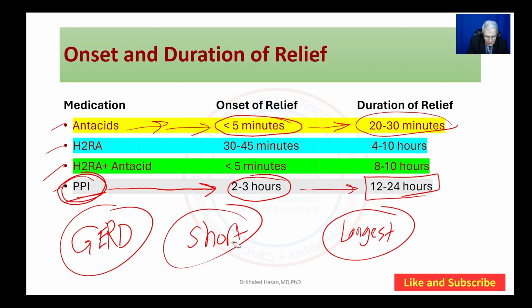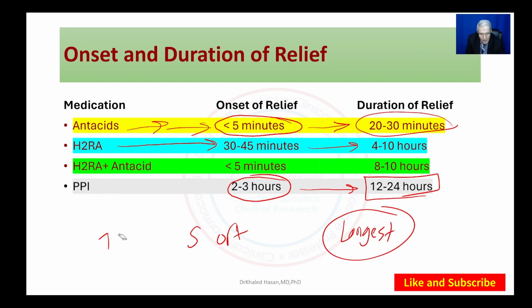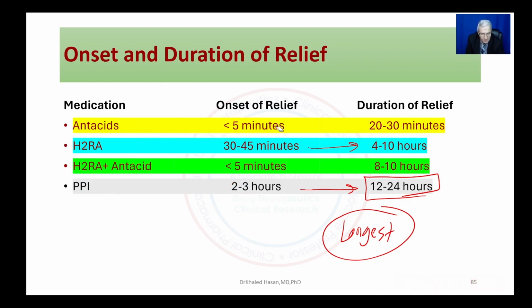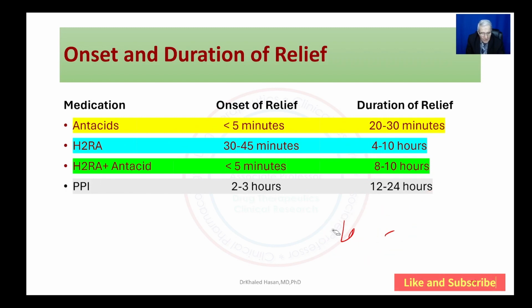Moving to the other situation here. What about the H2 blocker, histamine 2 blocker? This medication starts working after 30 to 45 minutes and remains for 4 to 10 hours. So in practice, what happens if you combine an H2 blocker with an antacid?